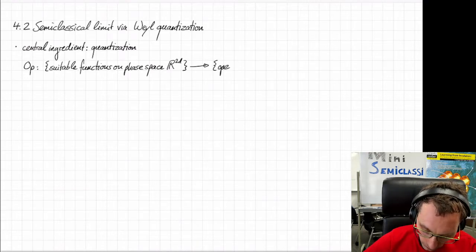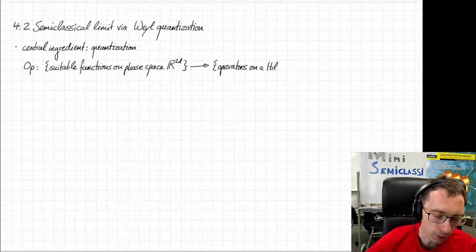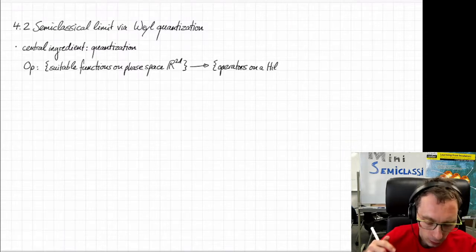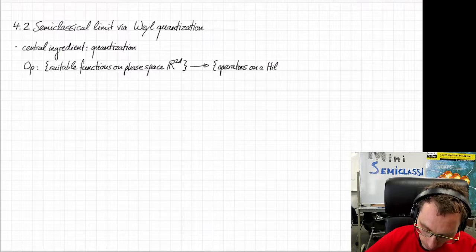Of course, these operators need not be bounded. This is necessary so that you can quantize some of the most common operators like p squared plus V or something like that, right?